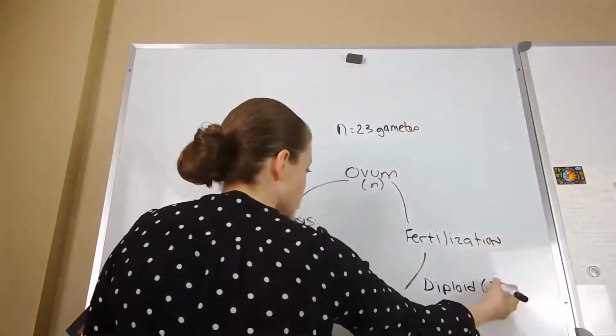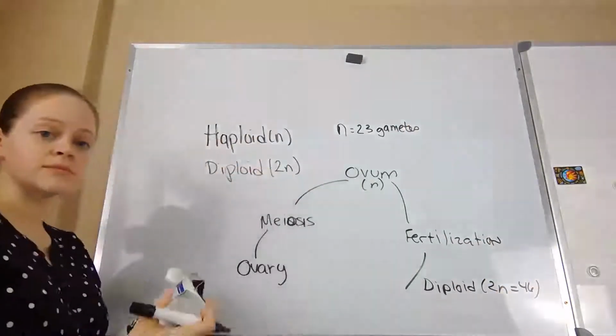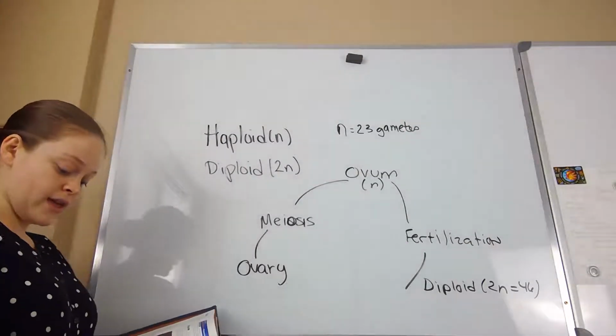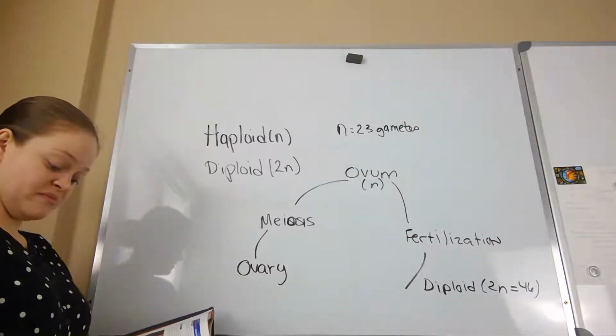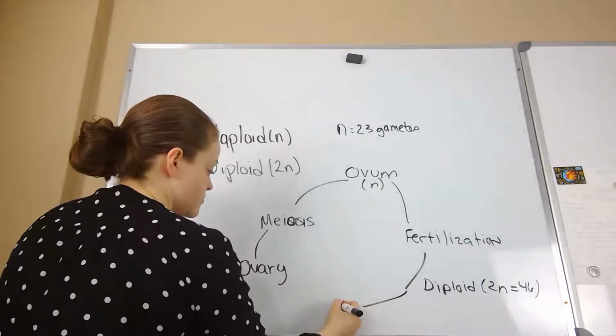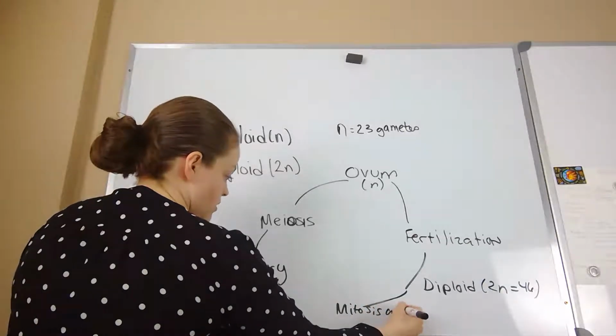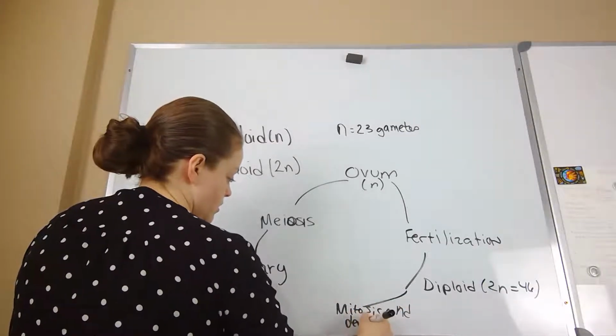All right, and then this is gonna be your 2N, so you're gonna have 46 gametes, okay? And then basically mitosis and development again.